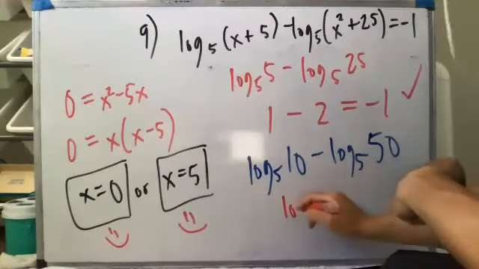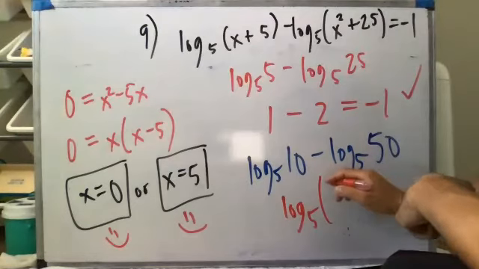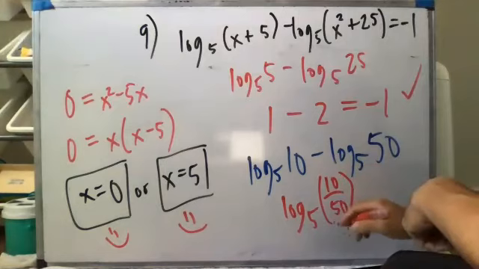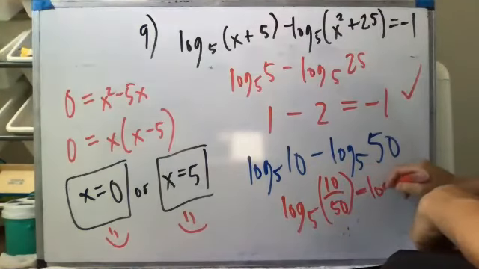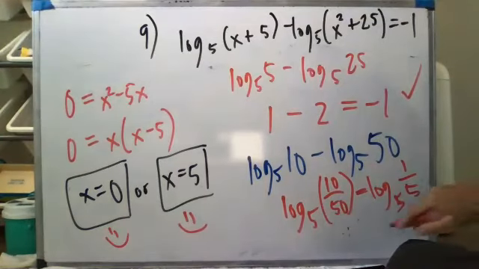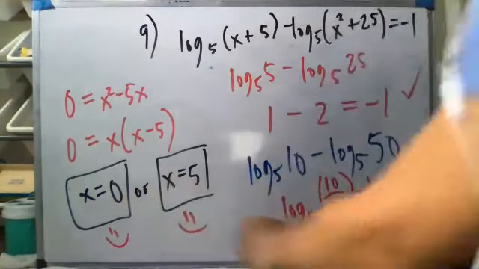So let's do log base 5 of 10 divided by 50, which is log base 5 of 1/5. Oh, actually, I can see already here: 5 to the negative 1 is equal to 1/5, so negative 1. And that does check out as well. So indeed, both of these were solutions.